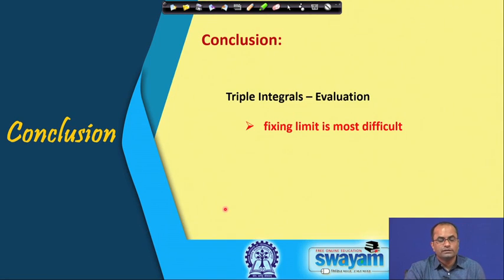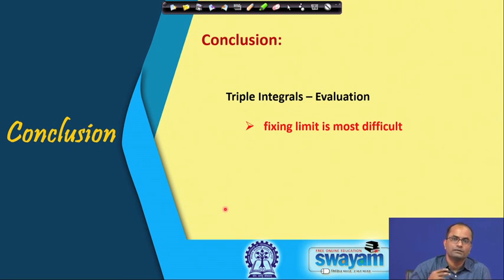So, the conclusion here: we have gone through the basic evaluation of triple integrals, and the most difficult part was fixing the limits. The trick here is that first we fix the limit, for instance, of the z. We can do it with x or y as well, but in fixing the limit for the z, we have to see where we are entering the volume and at what surface we are exiting the volume.